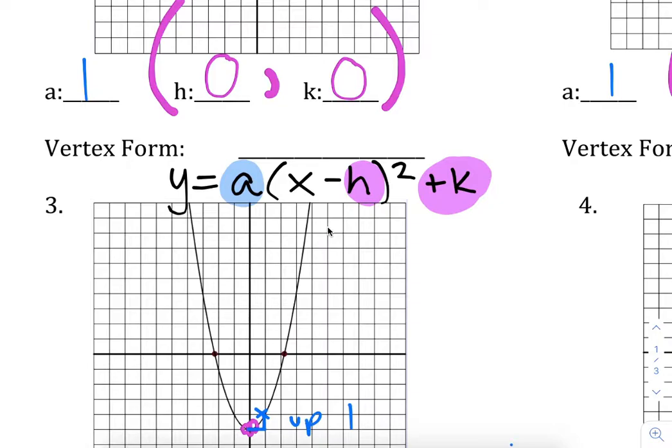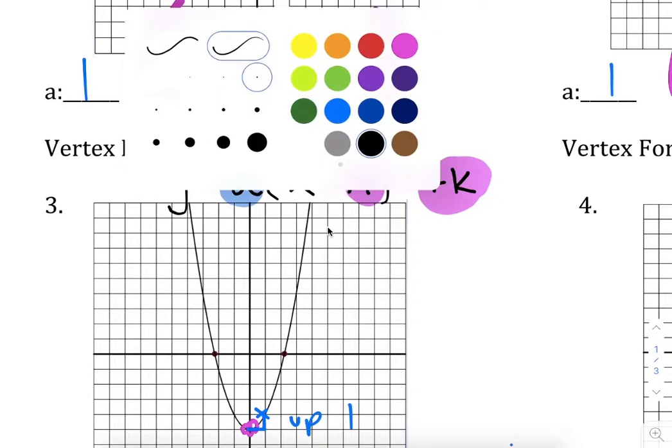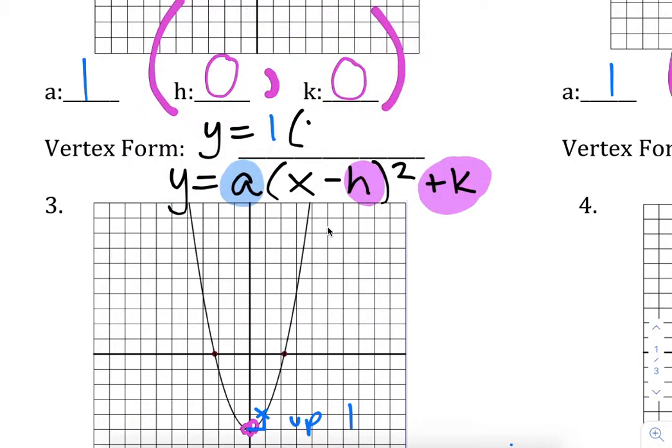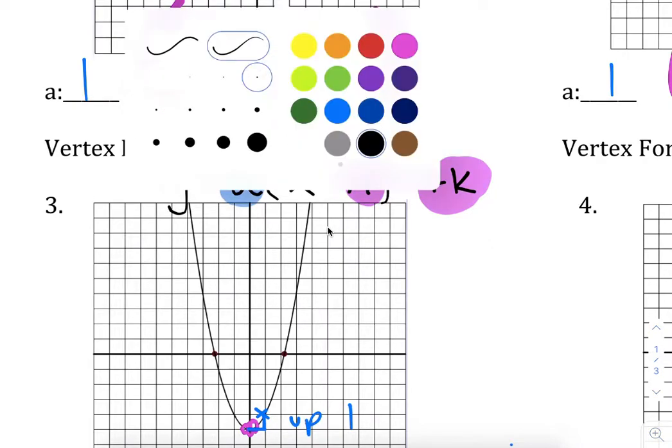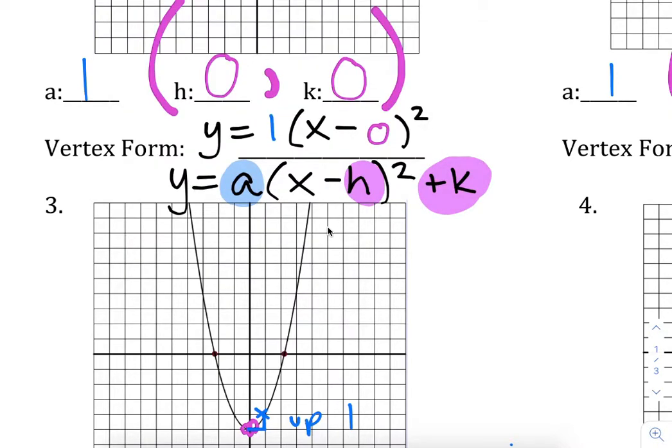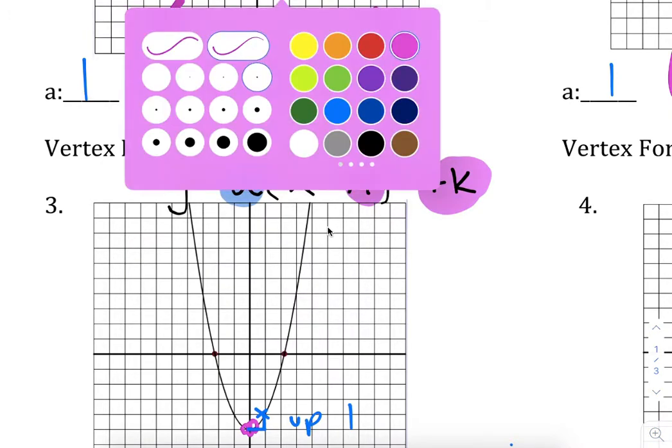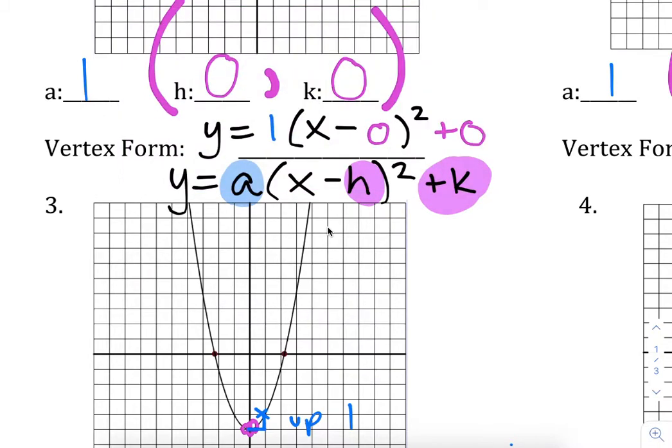So if I was going to write this one down with you, I would say y equals, my a would be a 1. I still have parenthesis x minus, my h is 0. Oops, I guess I should have written that in pink. My h is 0. I still have the parenthesis squared, but now my k would be plus 0 also.